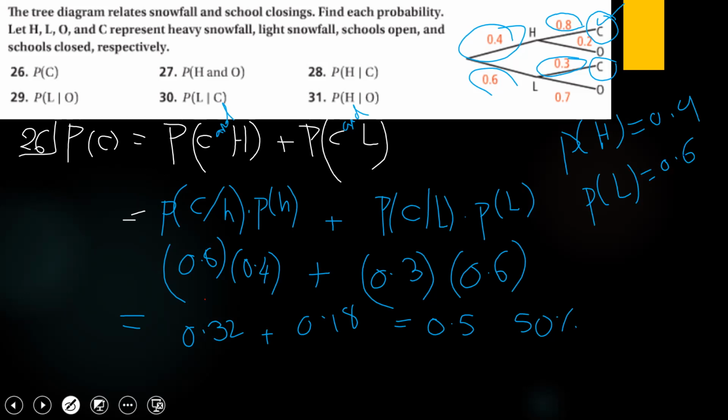But for C, you cannot tell me 0.8, because this is not C only, this is C given H. And there's another C, which is C given L. So we have to add them, C given H and C given L, and then continue. Is it clear? Yes.